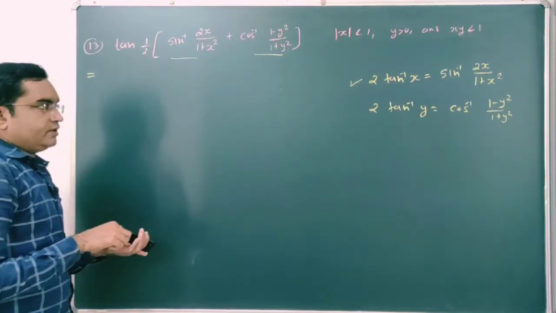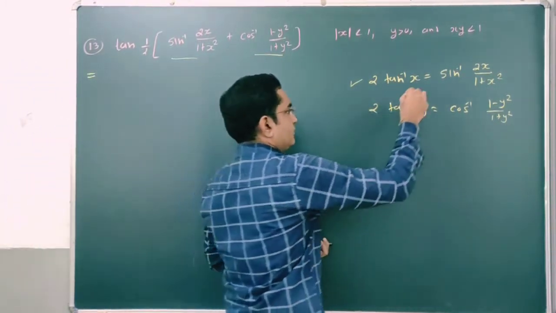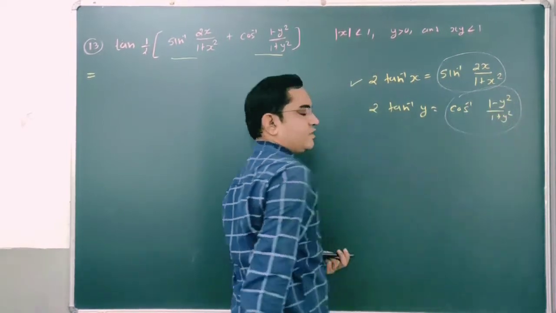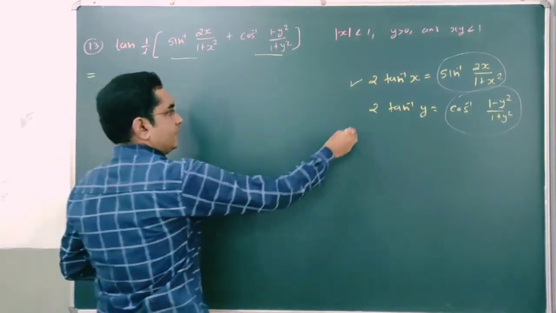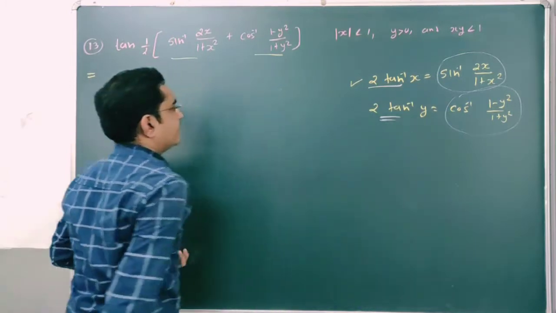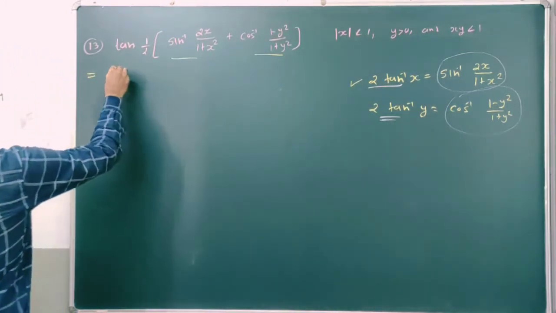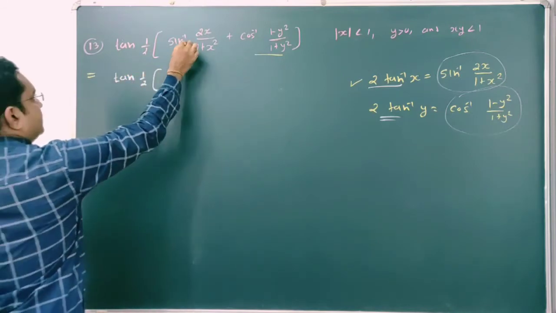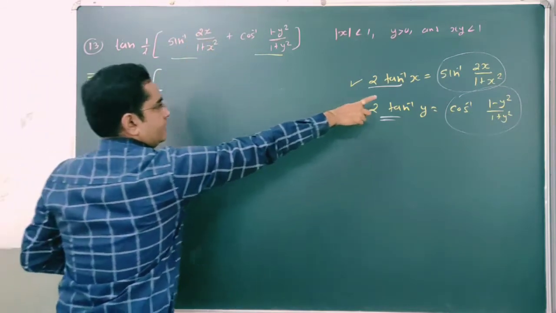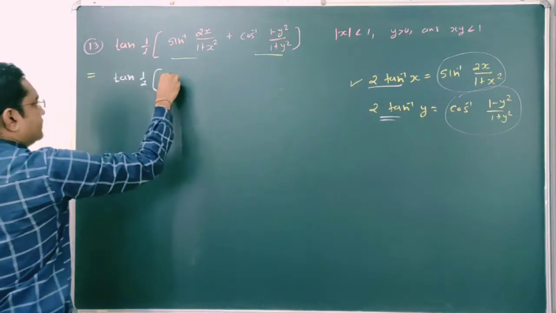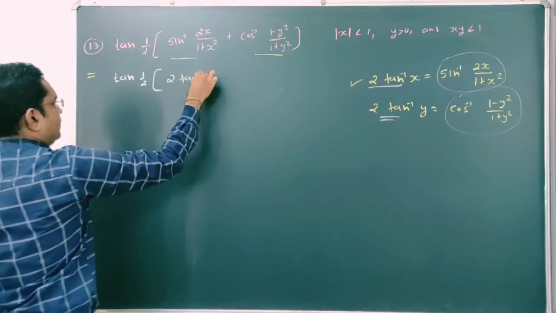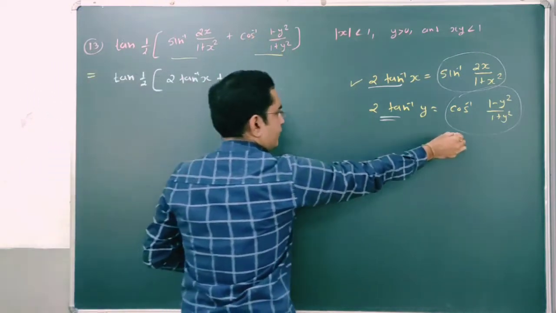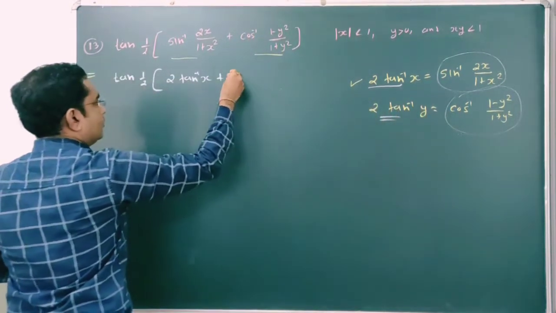So simply you have to replace sin inverse 2x upon 1 plus x square and cos inverse 1 minus y square upon 1 plus y square by these two terms. So this one is tan of 1 by 2 times 2 tan inverse x plus 2 tan inverse y.